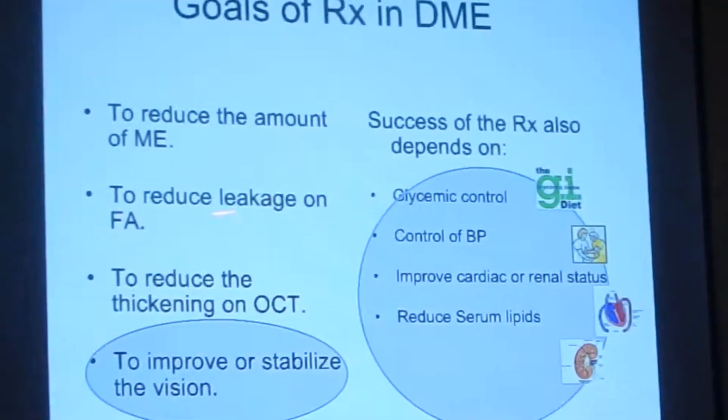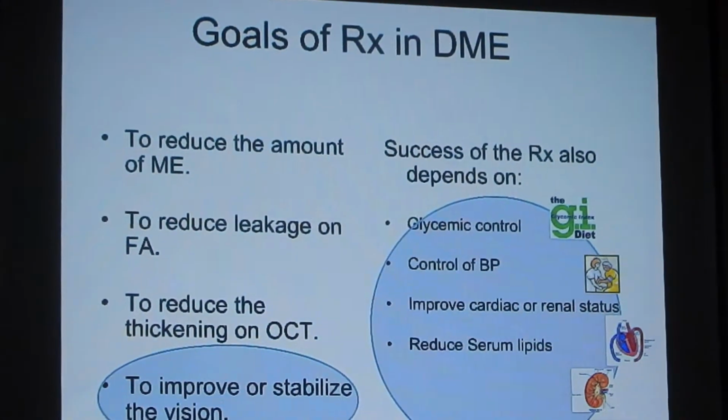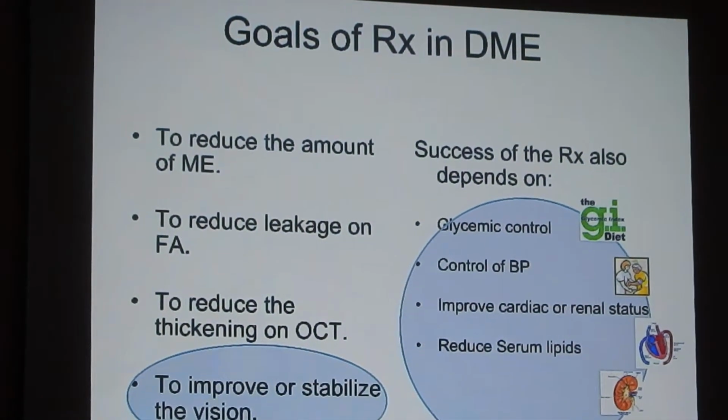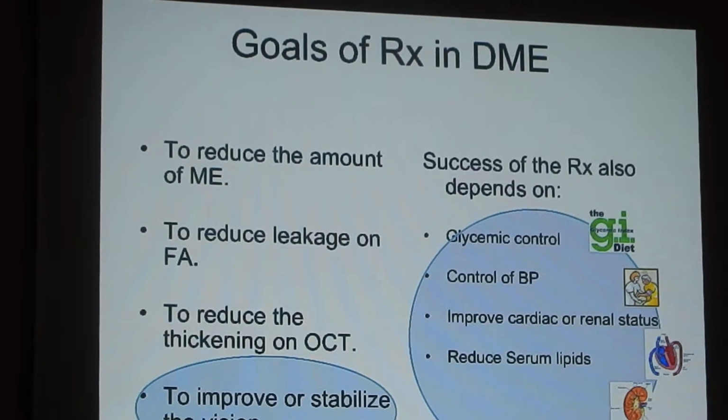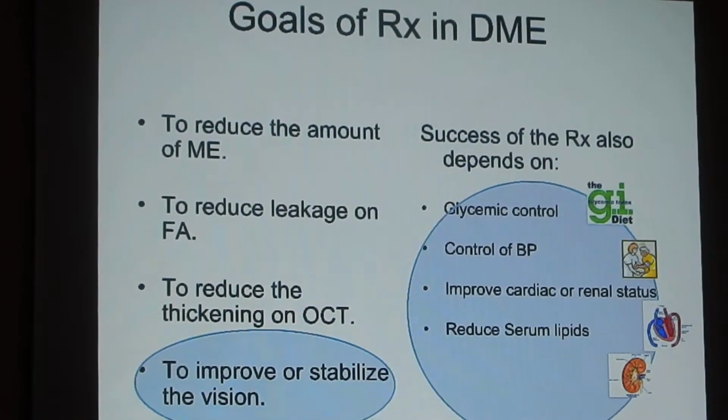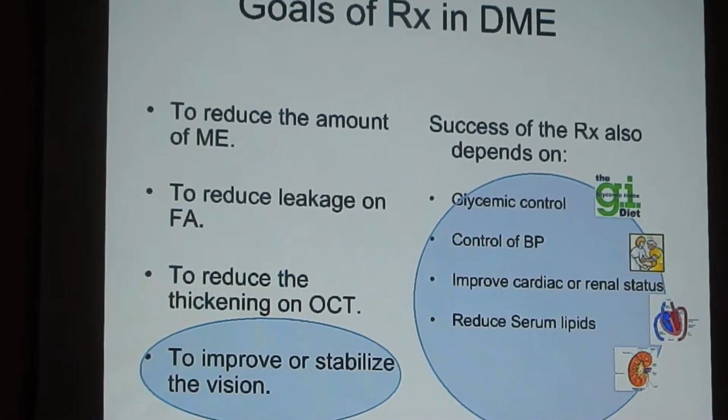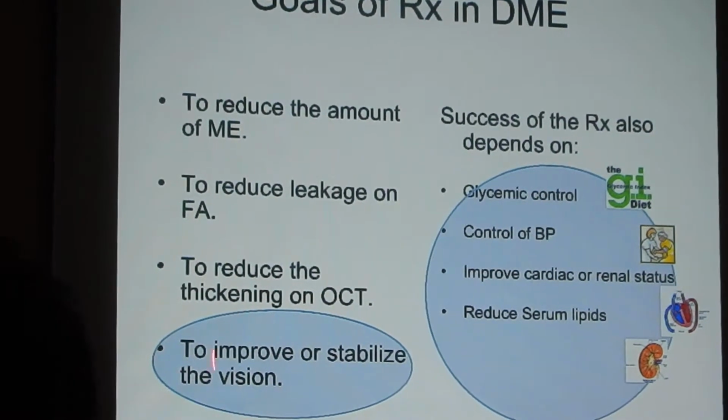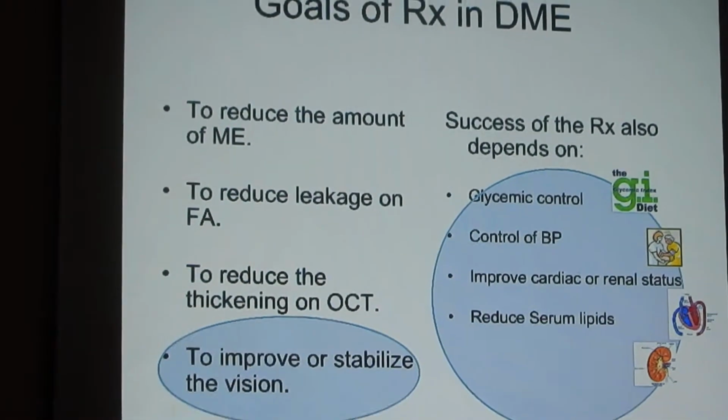See that this is the slide which shows the goals of treatment in diabetic retinopathy. It is to reduce the amount of macular edema, particularly if it is more than 300 micron, you reduce it. Reduce the leakage on angiography, then reduce the thickness on OCT, and all the treatment we are doing is to stabilize the vision.